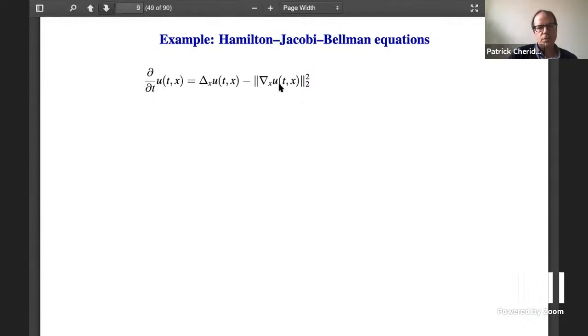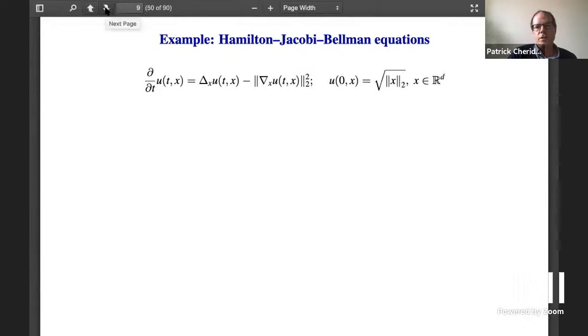You can also solve more complicated Hamilton-Jacobi-Bellman equations, where typically you have a concave function in the gradient. We chose this particular form, as other authors did before us, because this equation can be transformed into a linear equation that you can then solve with standard Monte Carlo to obtain a reference solution.